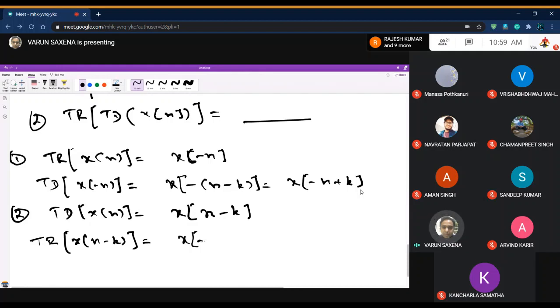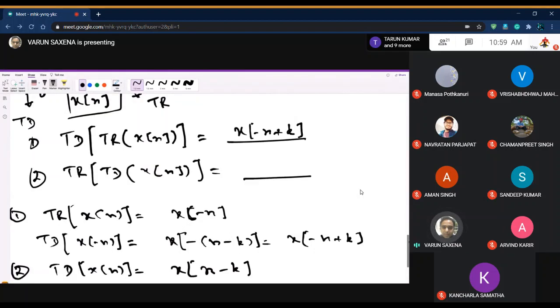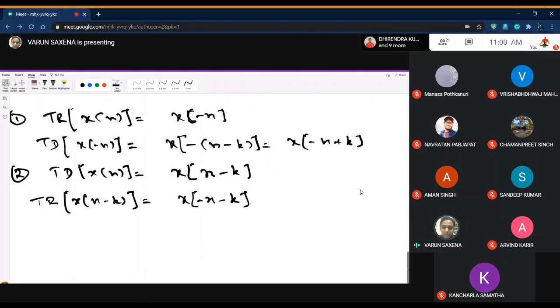So this becomes x of minus n minus k. So the answer to this is x of minus n minus k, and clearly both are not equal. That means they are not commutative. Please remember that when you are performing time delays, or time advances, or time reversals, the operation is performed on n.